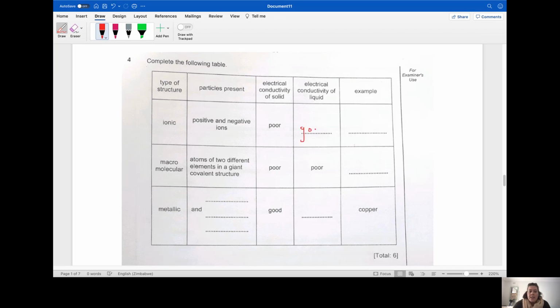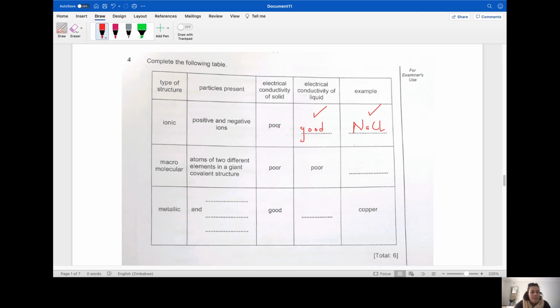It does conduct as a liquid. Okay? Remember, the ions can move in a liquid, so it does conduct electricity. Okay? And you could have given any example, but NaCl, as long as you had a metal and a non-metal joined together, you would have got your answer. So you got 1 for saying yes, it conducts electricity, and you got 1 for an example.